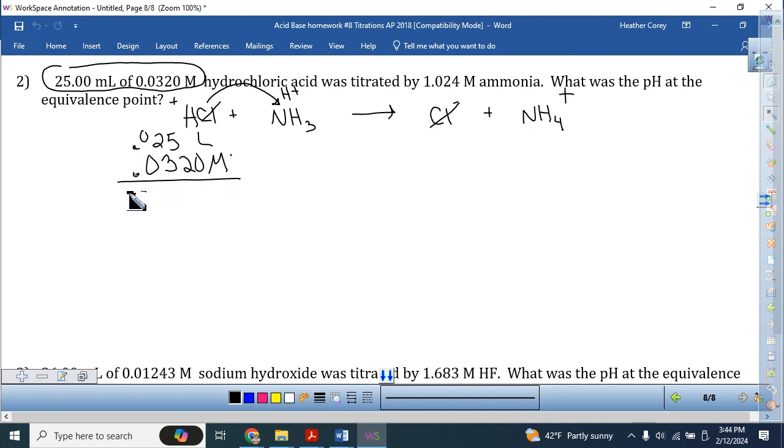Okay, so that leaves us with 0.0008 moles of HCl. If it's at the equivalence point, then we're going to have 0.0008 moles of the ammonia.